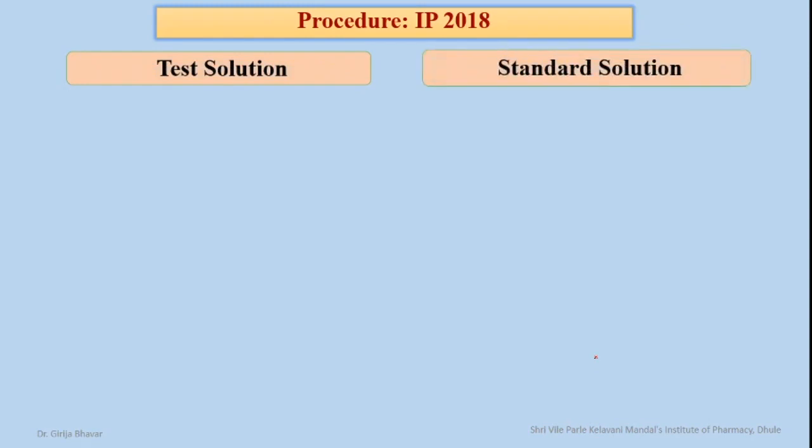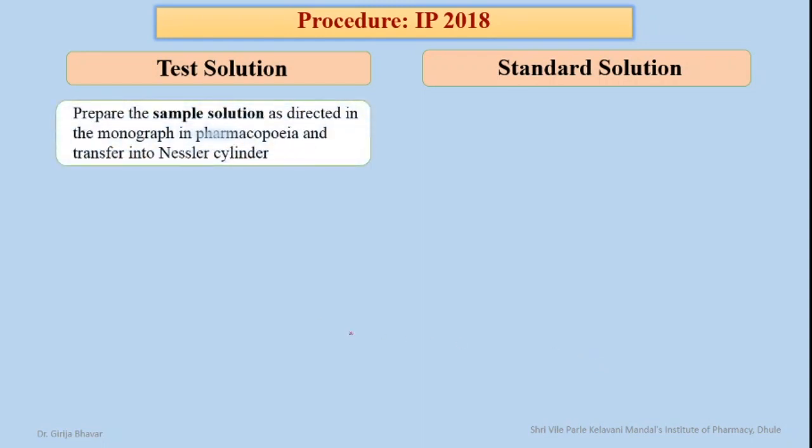Now let us see the procedure as per the Indian Pharmacopoeia 2018. We will see how the test and standard solutions are prepared as per IP 2018. To prepare the test solution, prepare the sample solution as directed in the monograph in the Pharmacopoeia and transfer it into a Nessler cylinder labeled as test solution.